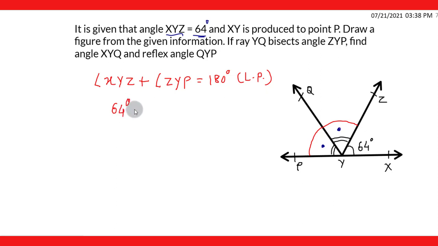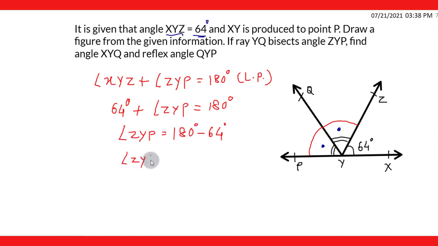So it is 64 plus angle ZYP, which is equal to 180 degrees. Now take 64 to the other side and you will get angle ZYP equal to 180 minus 64 degrees. Correct? So angle ZYP is equal to 180 minus 64, that is equal to 116 degrees.